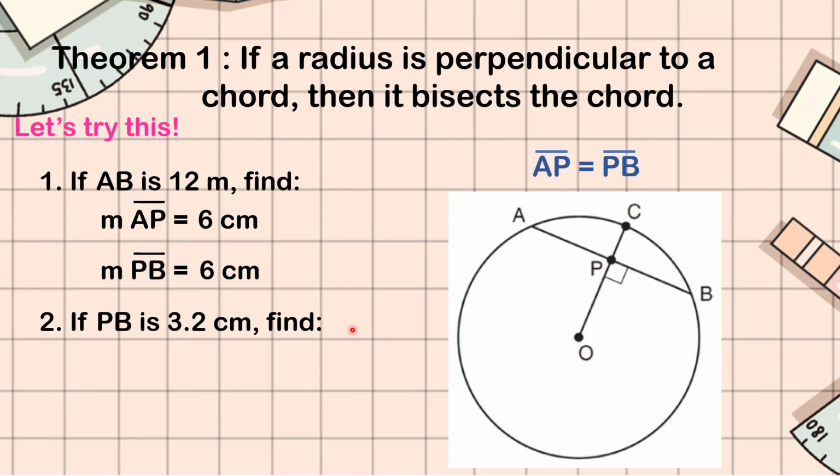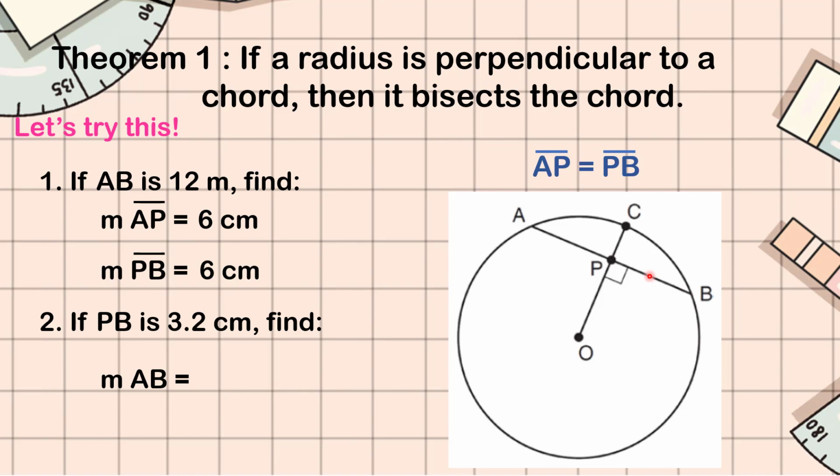Number 2, if PB is 3.2 centimeters, find the measurement of AB. So if PB is given as 3.2, we are asked to find the measurement of AB.